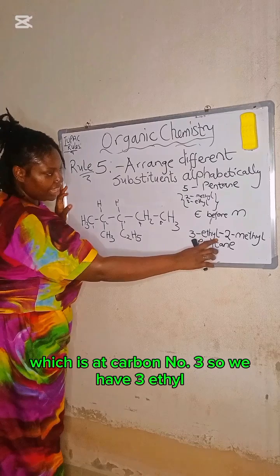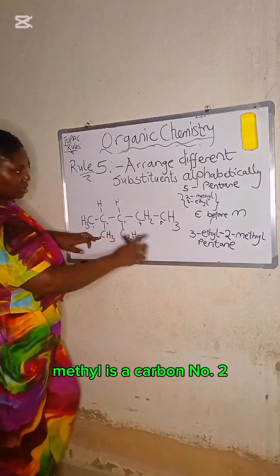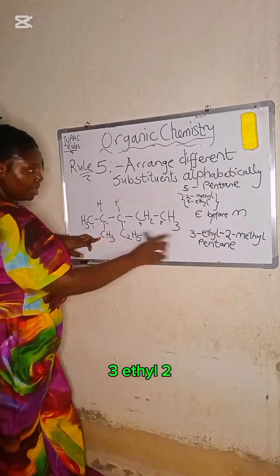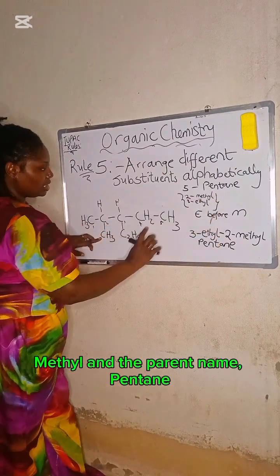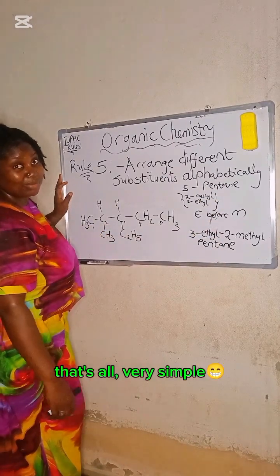So we have 3-ethyl. Methyl is at carbon number 2. 3-ethyl-2-methyl, and the parent name, pentane. That's all. Very simple.